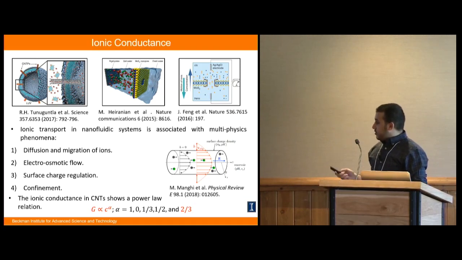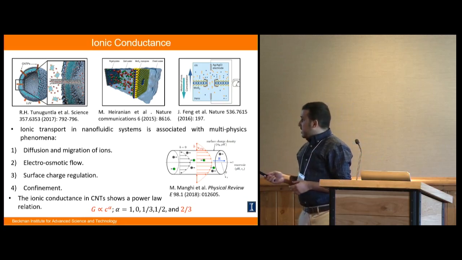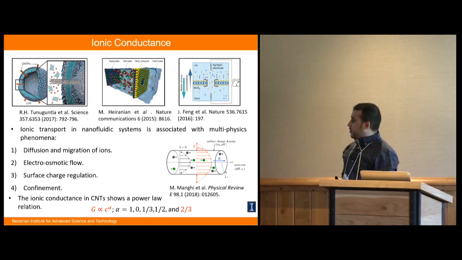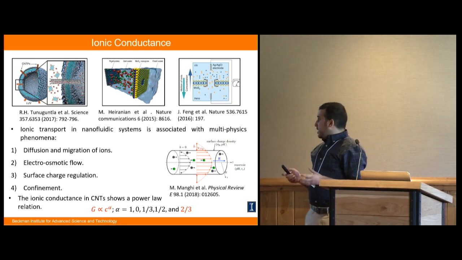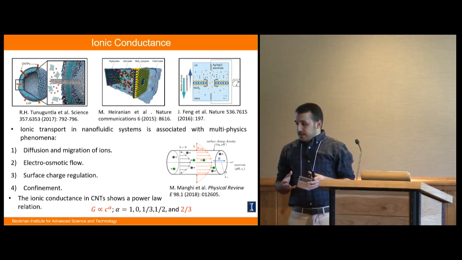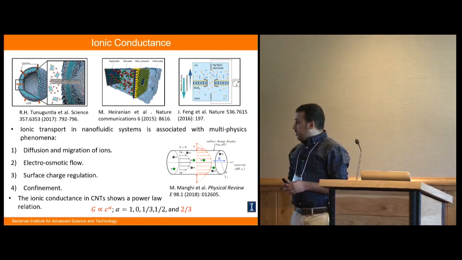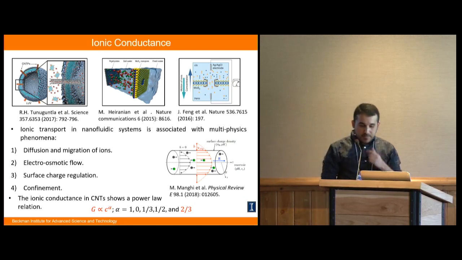And when ions flow through the carbon nanotube, it will generate ionic current, which is associated with multi-physics phenomena, such as diffusion and migration of ions, electroosmotic flow, surface charge regulation, depending on the chemistry of the nanofluidic system, and the confinement effects. Now, the ionic current gives the ionic conductance, where we are interested in studying the ionic conductance in this carbon nanotube.